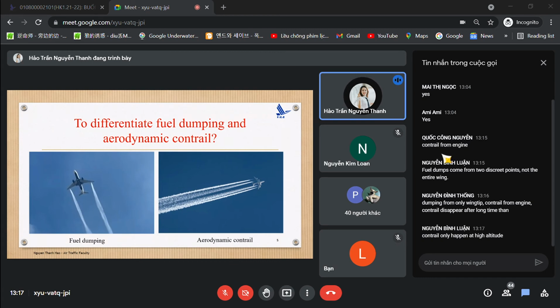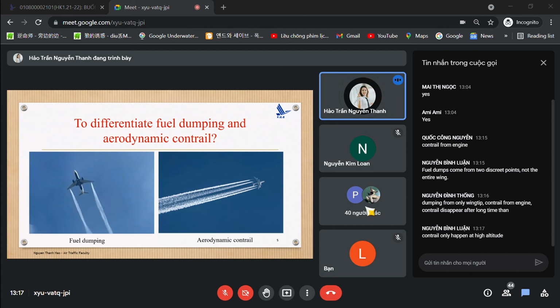Aerodynamic control only happens at high altitude, about 10,000 meters or above. The control is produced by the passage of the airplane and its engine, like Gong said, and it is due to the difference in temperature, and it can cause a shaft downward from the engine and the wings.